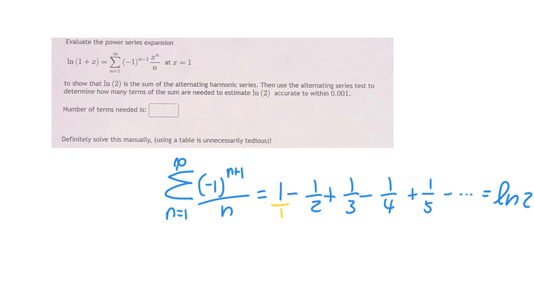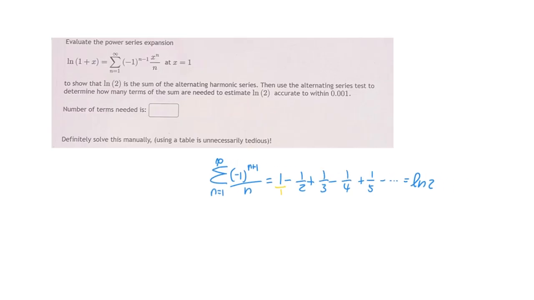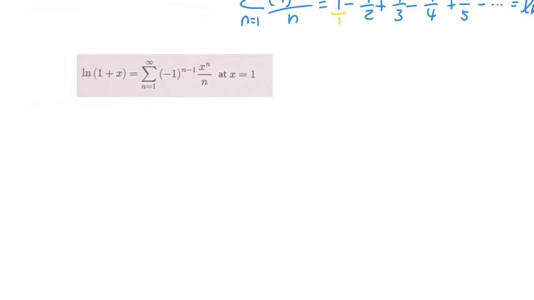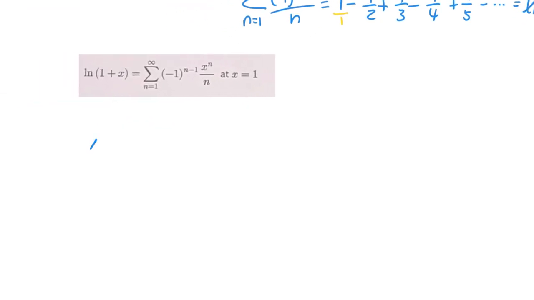And show that this is indeed the sum of the alternating harmonic series. So, interesting request. Not hard though, right? Because we can just go ahead and substitute 1 in for x, right? And that would end up being ln of 2.